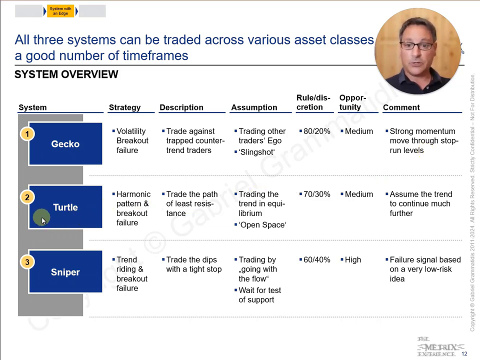Now the turtle pattern, it's a harmonic pattern. It's a breakout. It's as well a breakout failure on a lower scale, but more important is that this is a very harmonic pattern, and we trade the path of least resistance. It's basically the snowflake trade or the open space trade. We trade the market when it is in complete equilibrium, and when we are trading with the trend, it basically pushes us with the trend.